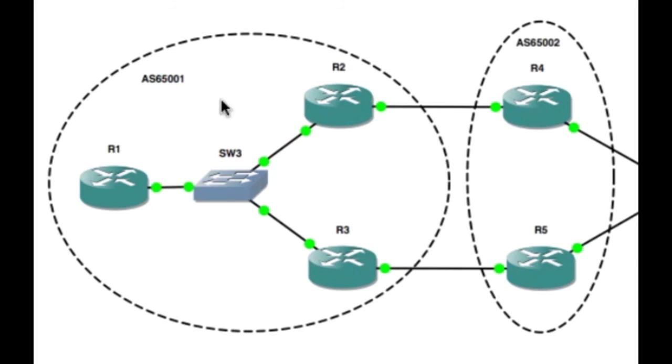So we've done an eBGP relationship here. We've done an iBGP relationship here. We found that the next hop needed to be connected. We need to be able to see the next hop. When R4 injected its 150.1.1.0 network into R2, which was then advertised to R1, R1 was getting R4's IP address as the next hop.